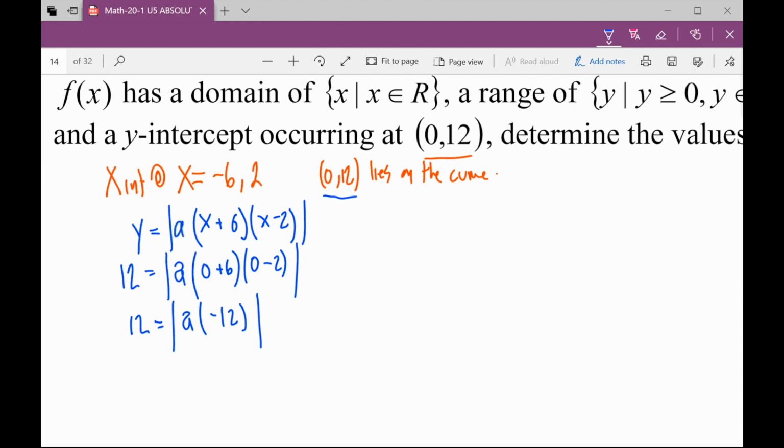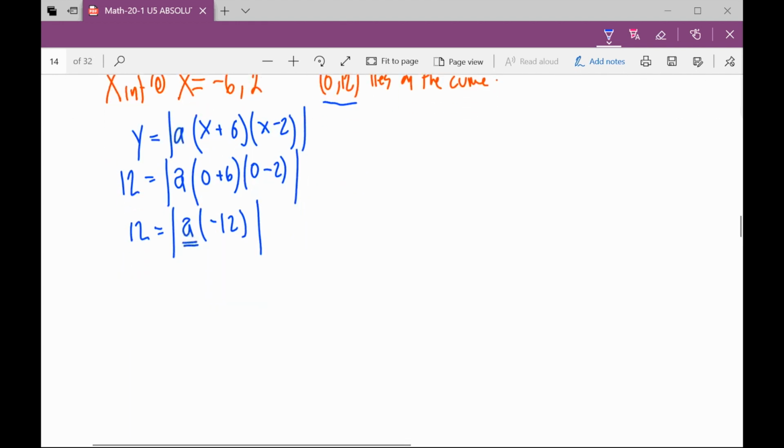And what this is going to give us now, if we're trying to figure out what the a value is, which is the purpose of this whole part of the problem, a would equal, well, plus or minus 1. And we don't know which one it is because when you take the absolute value of it, you lose that information. So you can imagine a would be -1, and -1 times -12 would be +12, and the absolute value of that is just 12.